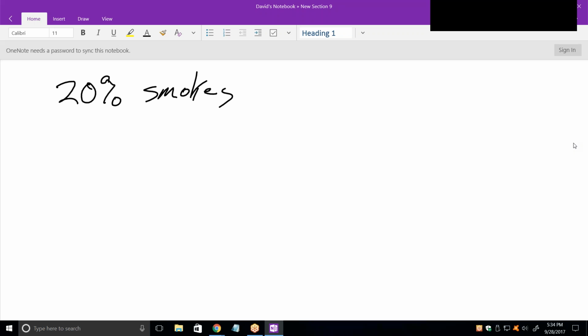Well, let's talk about theoretical first. Probability of any person smoking is 0.2. We know it's going to multiply, so it's really going to be 0.2 to the 5th power. That's the probability that you will run into 5 people at random that all smoke.